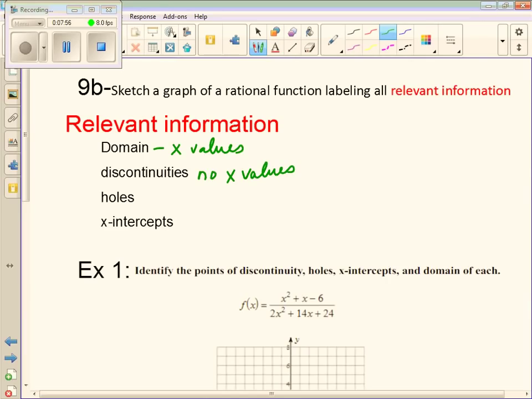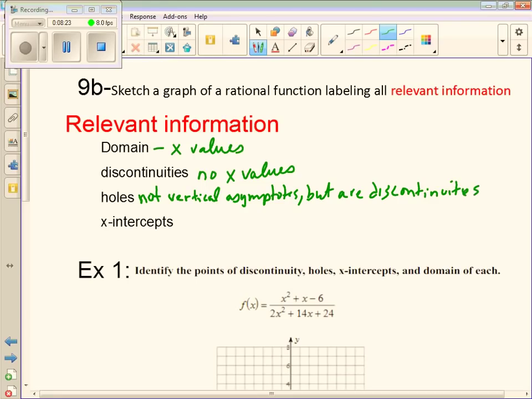Poles are not horizontal or vertical asymptotes, but are discontinuities. X-intercepts, we know about those. Those are just where the graph crosses the x-axis.